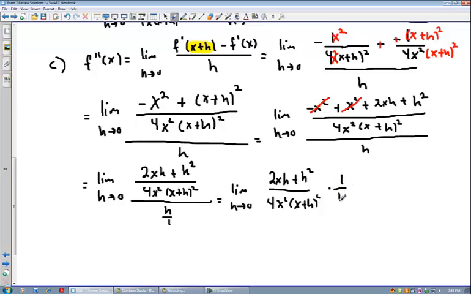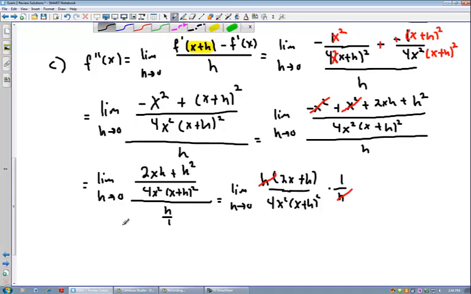1 over h. And if you allow me here, you're going to see the h's are going to cancel, and the way that they're going to cancel is that I can actually move out a single h here. So I can factor out an h out of this top part, so h here and h here, so then I have a 2x plus h there, and so these h's then cancel off.